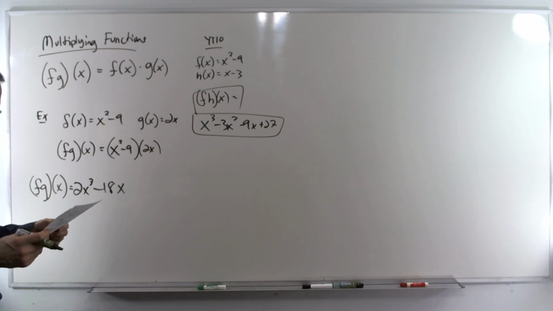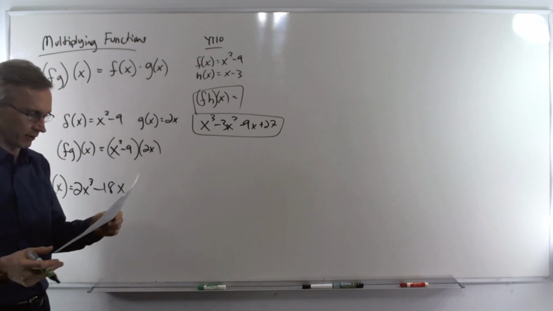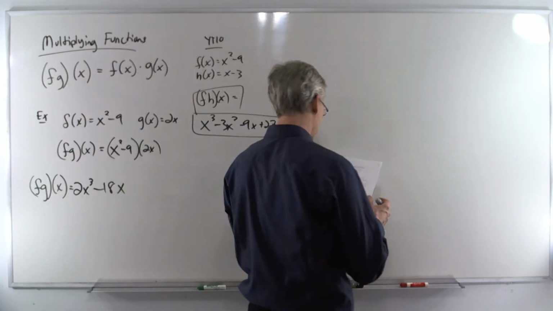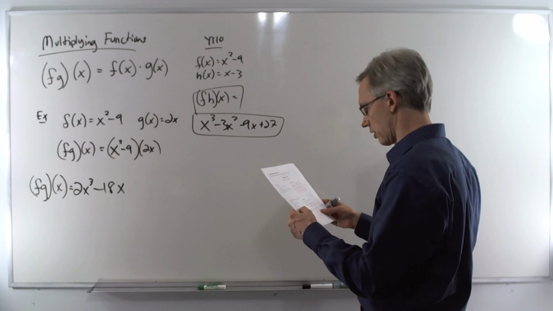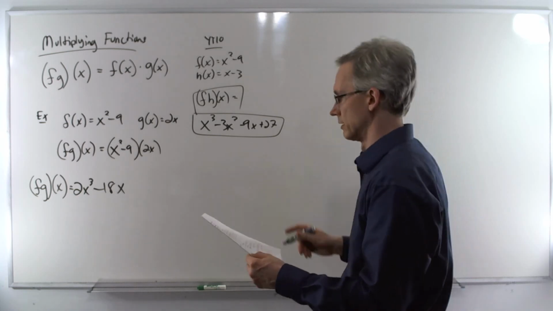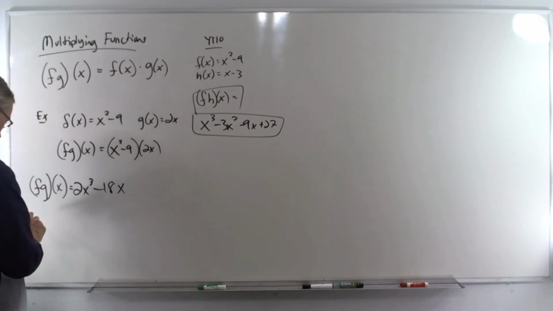All right, next up, we're going to do the same thing. We're going to evaluate at a specific input value. So now we're going to use the same functions as we had in the last two. So we already have the combined function here. Now we want to find f times g at 2.